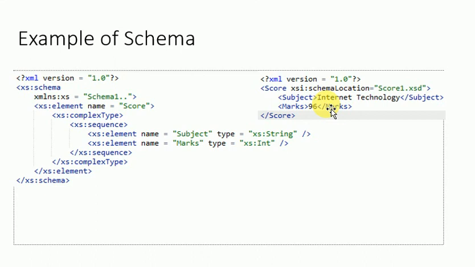XSI stands for XML schema instance. Now XML schema instance allows an XML instance to associate element type information directly without using XSD. Then we specify the schema location as the external file score1.xsd, and we have the subject tag as well as a marks tag. Thank you.